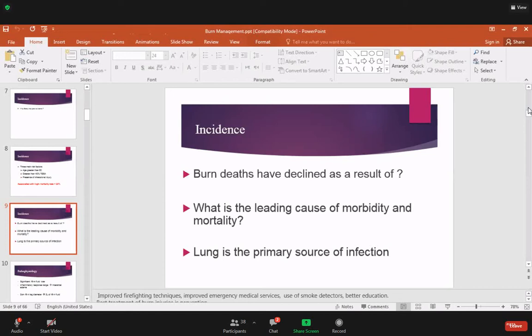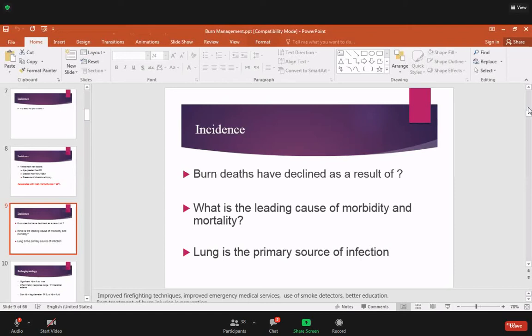Then at home, people now utilize smoke detectors or fire alarms. Then better education of the parents, and on the other part, if they educate the kids, that is also one of the important factors. Nowadays in the schools, they are educating the kids how to take care if there is a fire, and how they should protect themselves. So all this has contributed to the decline of the burn deaths in overall ratio.